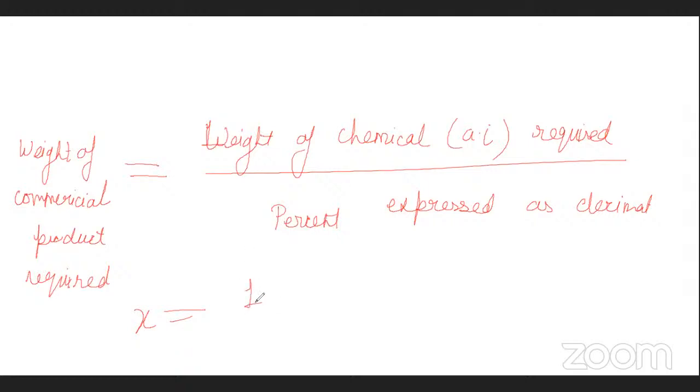that was given, 1 kg AI per hectare, and the percentage was 10%. So this we will be writing as 10 divided by 100, because we have to convert that percent into decimal. So over here it should be 1 divided by 0.10.